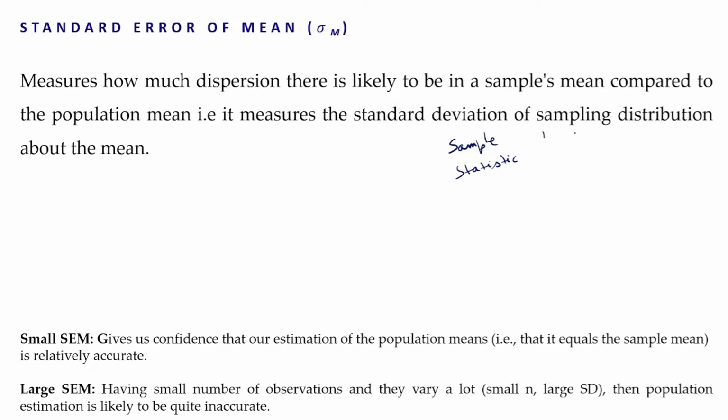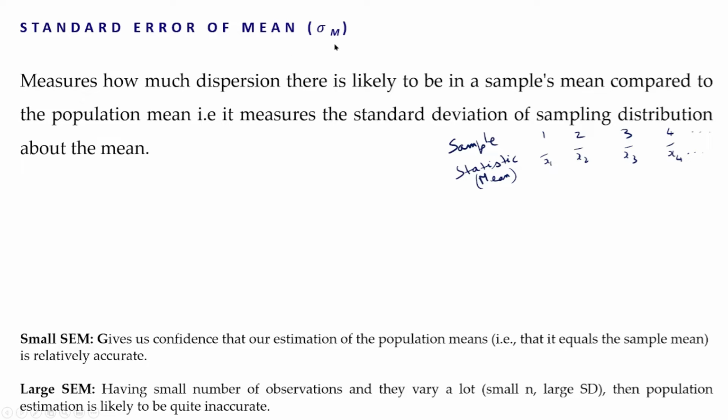Say if we have sample 1, sample 2, sample 3, sample 4, etc. And here let us say the sample statistic is the sample mean, that is x1 bar, x2 bar, x3 bar, x4 bar and so on. This standard error of mean measures the standard deviation of this sampling distribution about the mean.